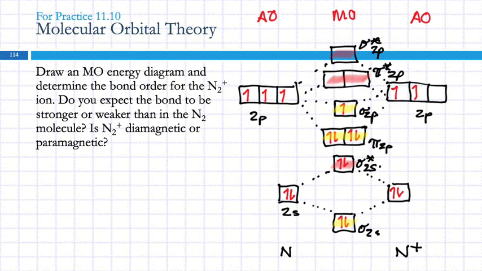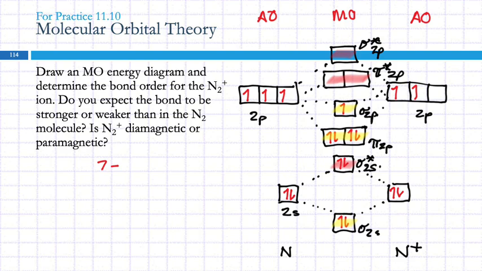Okay, so doing the bond order, we're going to count up all the electrons that are in the yellow ones, the ones without asterisks. So I have 2, 4, 6, I have a total of 7. 7 electrons that are in the bonding orbitals. And how many in anti-bonding orbitals? Just the 2 here, right?